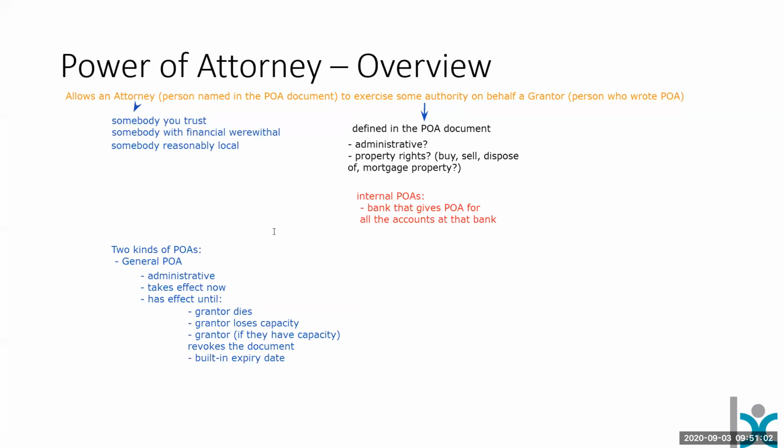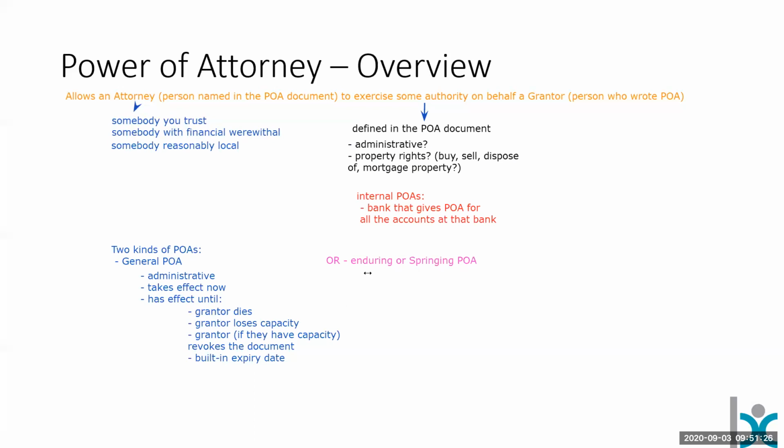Now, the other kind of power of attorney, the one you're probably all more familiar with, is, Tricia, right? The enduring or springing power of attorney. It's our second kind. And this document is designed for our estate planning needs.